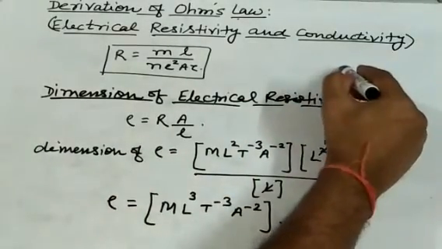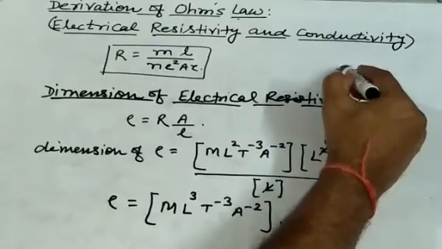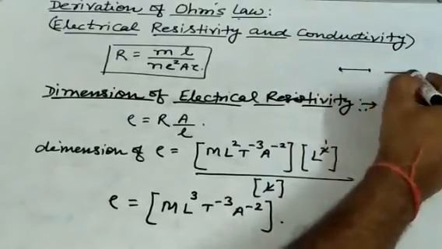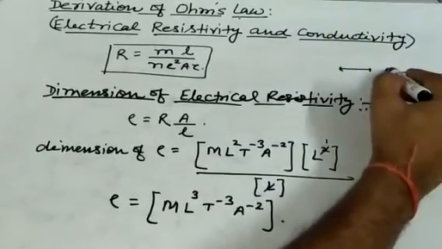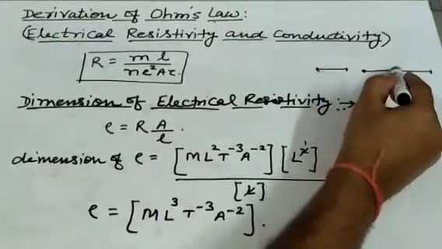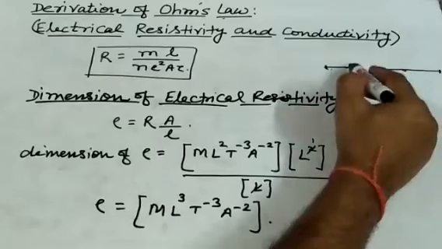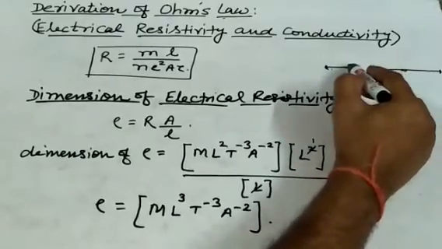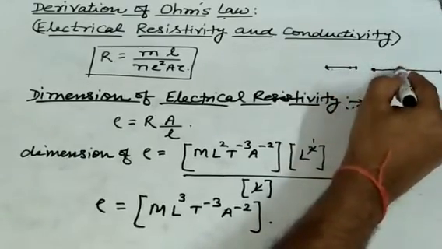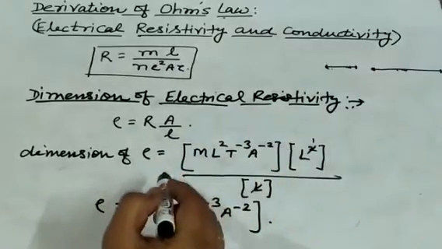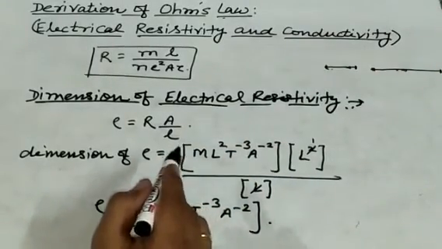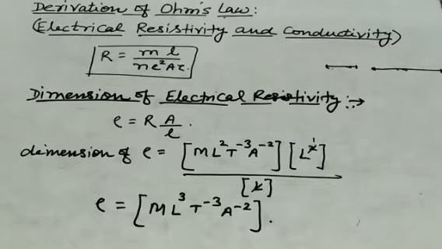Suppose one wire of copper of this length and another wire of the same copper material of this length. Suppose their lengths are different, then their resistance will be different, but their specific resistance will be the same. Why? Because both are made up of the same material. So specific resistance or resistivity depends on the material of the wire.